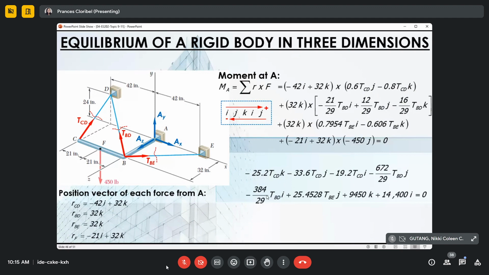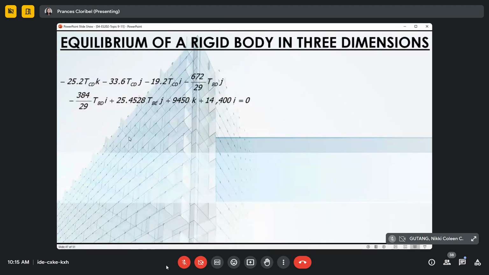We combine all the I, J, or K terms so that we can sum up the moment about A. Simplify. Summing up moments along X, all the I terms: negative 19.2 TCD minus 384 over 29 TBD plus 14,400 I. Equate to 0. We leave a space there for the tension BE.